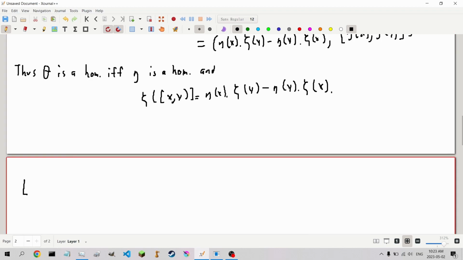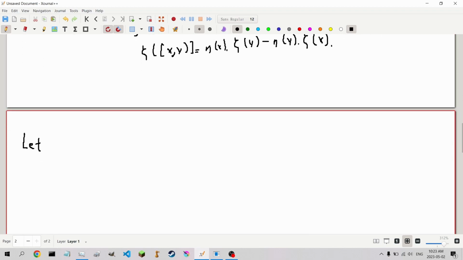So now, let N be the F module of M cross F. I'm regretting not using K.